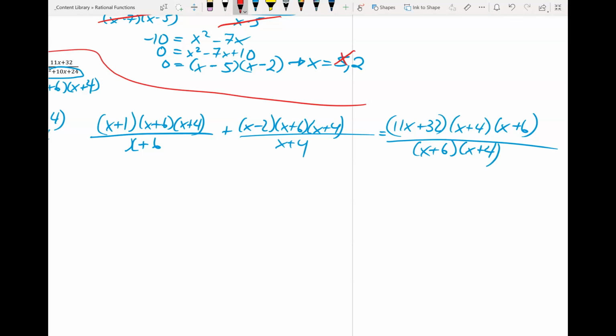Okay, so from here we're going to simplify. So x plus 6 can cancel out in the first one. X plus 4 can cancel in the second one. And then lastly, x plus 4 times x plus 6 can cancel out. I'm going to write down what's remaining.